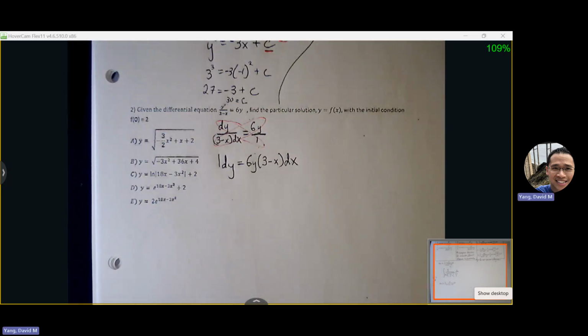What do you see? Or is this ready to go? Are the variables separated? Any thoughts?